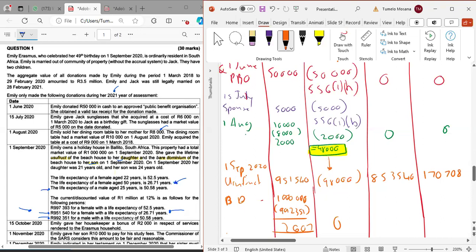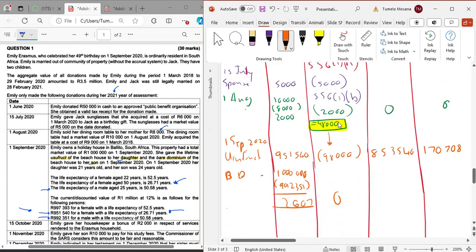So we have no choice but to use this amount as our taxable value, and we multiply by 20% to get the tax. Does this make sense to everyone?